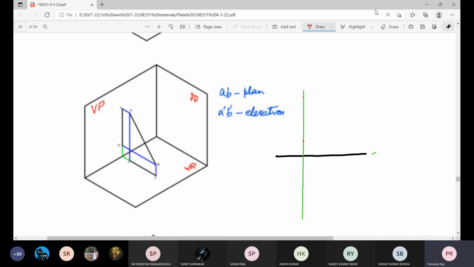And A will be at some higher level. So elevation A dash, elevation B dash. And so we should write it A, B, because the figure is showing a very hazy impression.